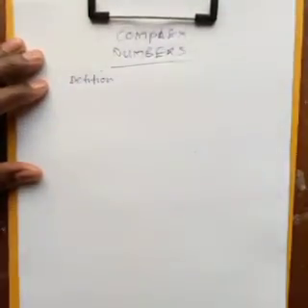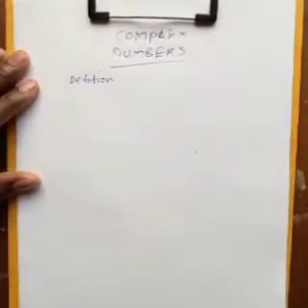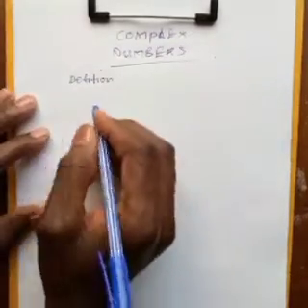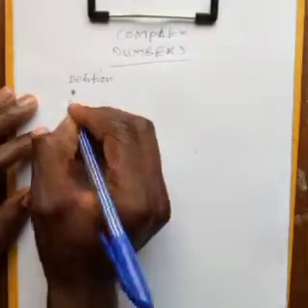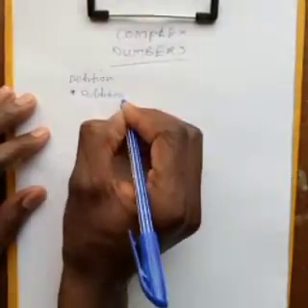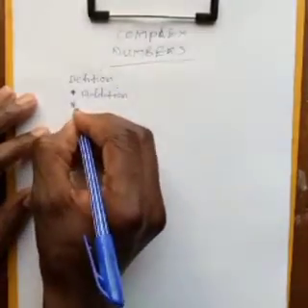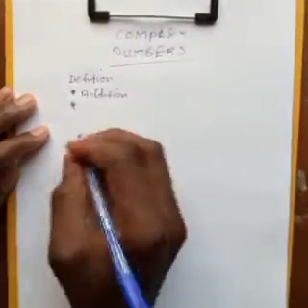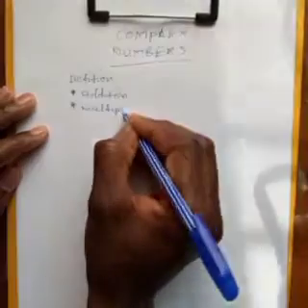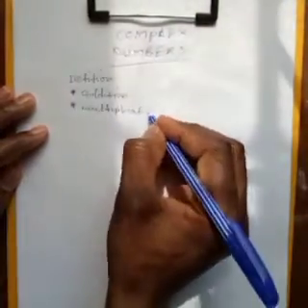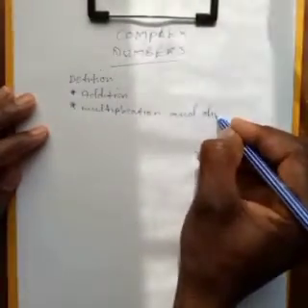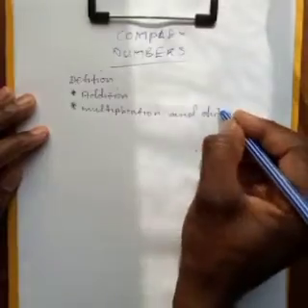If you understand the definition of a complex number, you'll find that you can combine complex numbers using the following. One, you can combine complex numbers using addition. Secondly, you can also combine complex numbers using multiplication, and division.